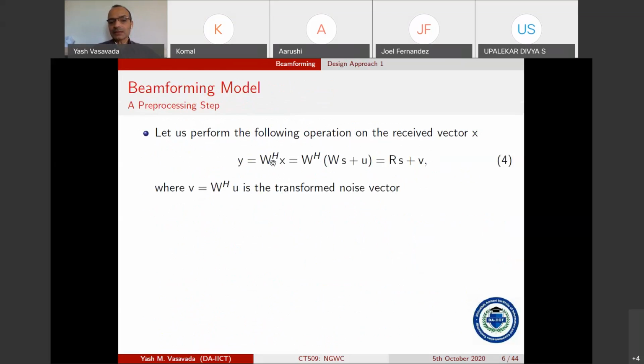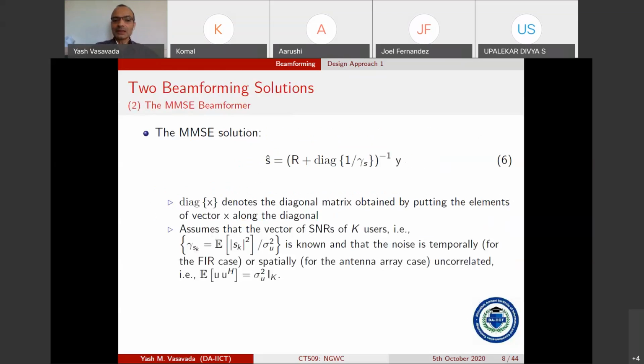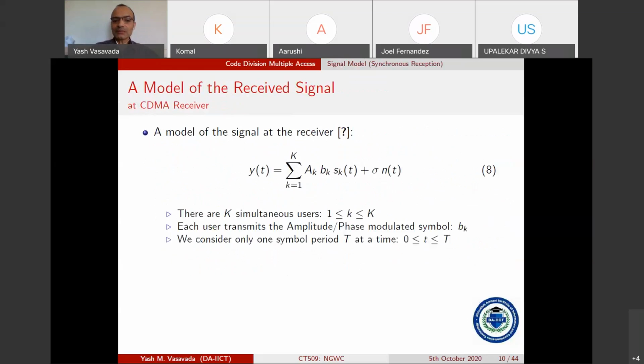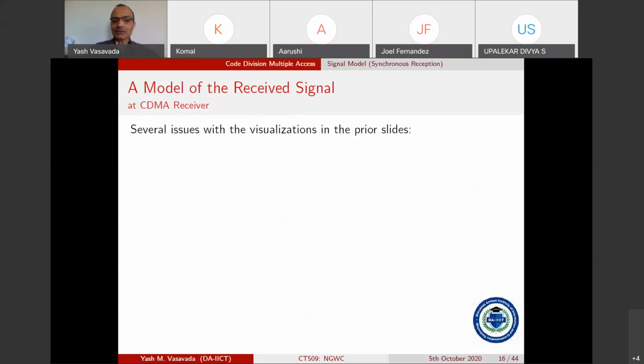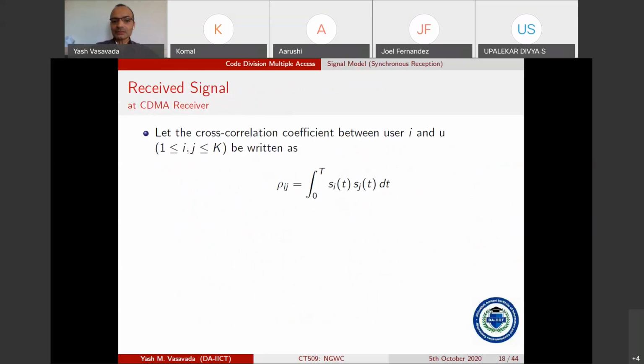The first filter is nothing but the first column of W, second filter is nothing but the second column of W, and so on. And these columns are matched to the array vectors. In case of CDMA, those filters are matched to the signature sequences of different users.